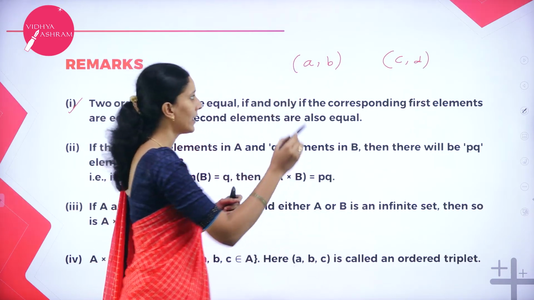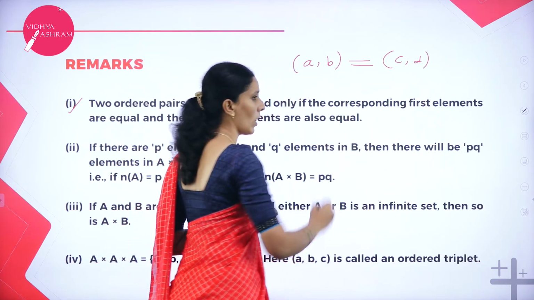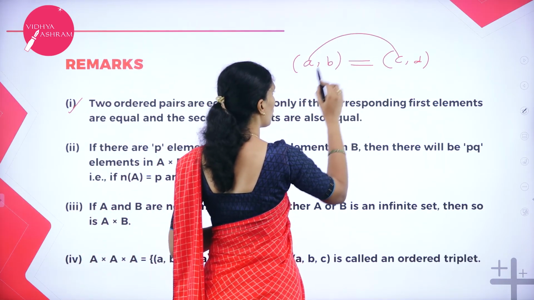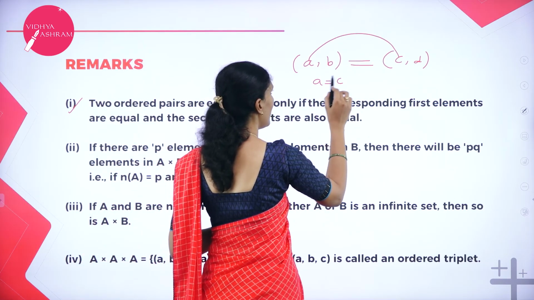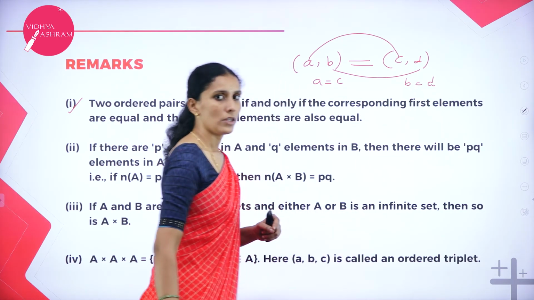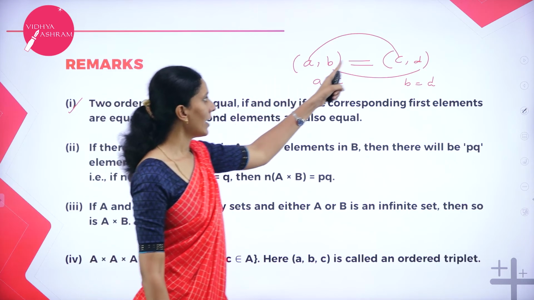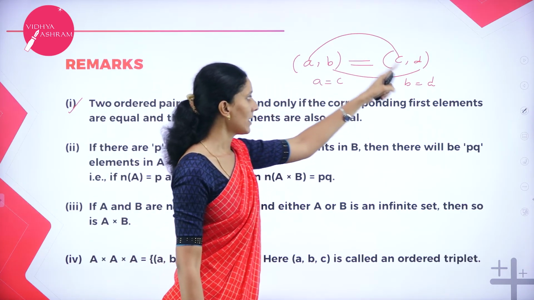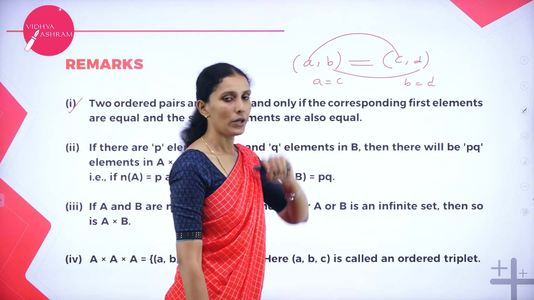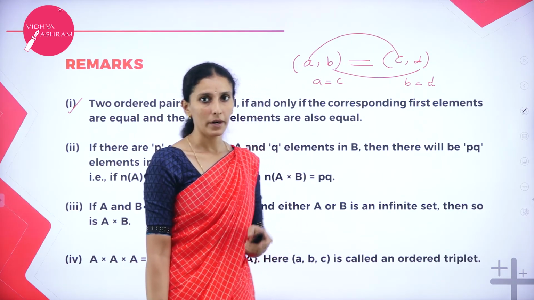We say these two ordered pairs are equal if the first element is equal to the first element and the second element is equal to the second element. So according to this, if a is equal to c and b is equal to d, then we say the ordered pair a comma b is equal to the ordered pair c comma d.